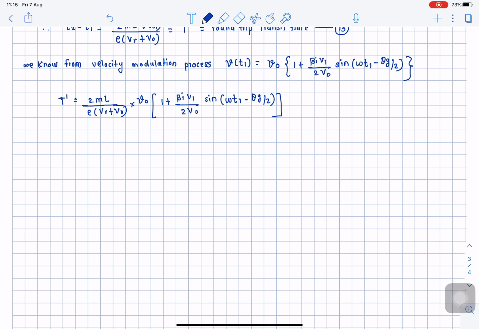Now this particular term that I will highlight, so this term over here I can write T dash is equal to T0 dash into 1 plus beta I V1 upon 2V0 into sine of omega T1 minus theta g divided by 2, as it is.